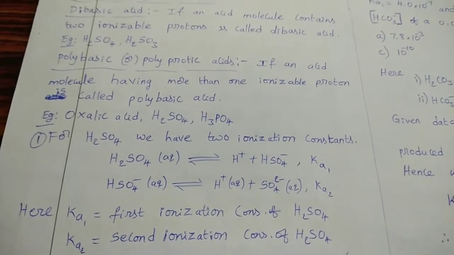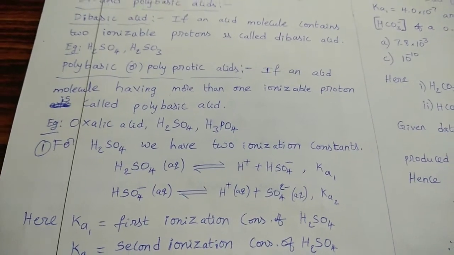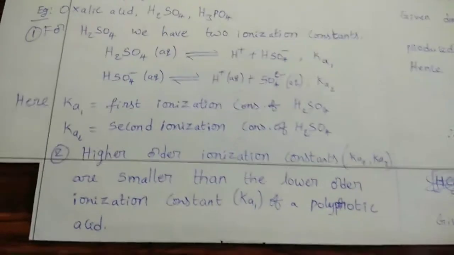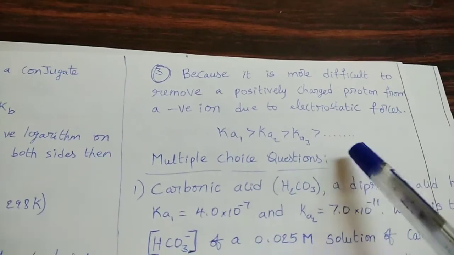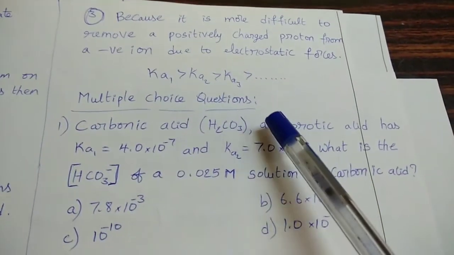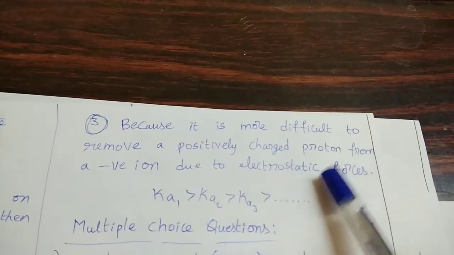In this way, as the order of the ionization constant increases, its value decreases. So this is the condition: Ka1 greater than Ka2 greater than Ka3. The reason is this one. Now see the multiple choice questions. Students, I hope you understood this point.